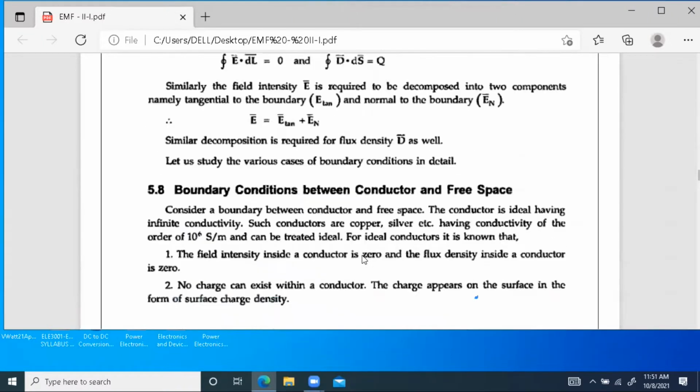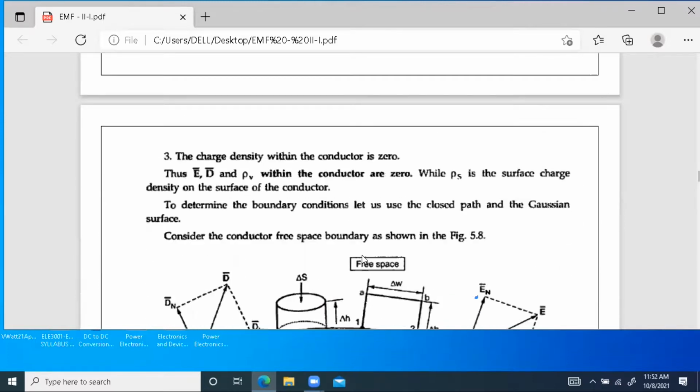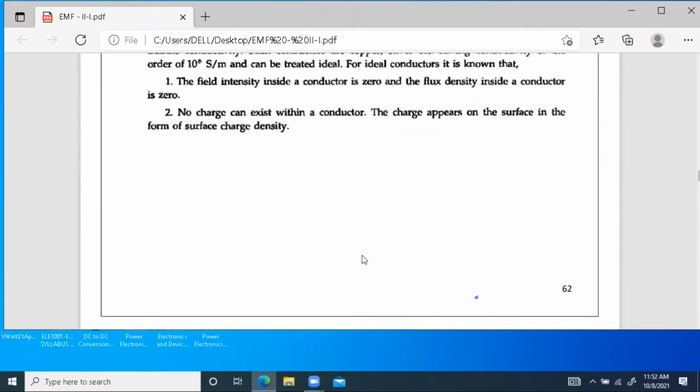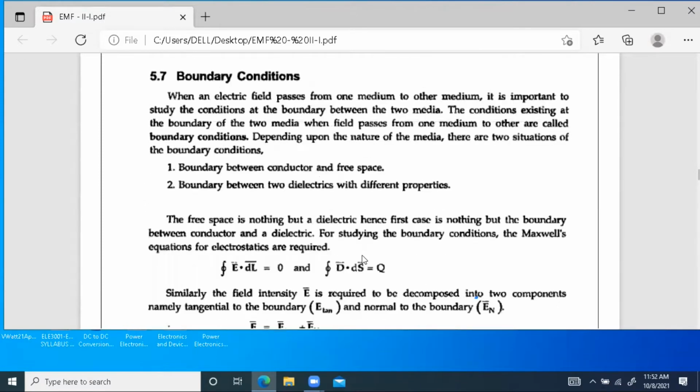Let's see. The boundary condition. Okay. At 2 o'clock, we're gonna pick up from boundary condition for half an hour.